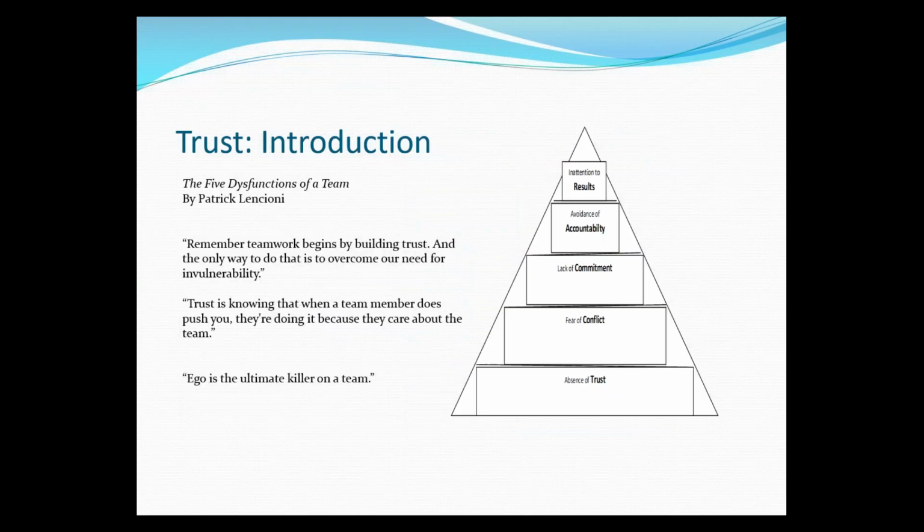So let's just say a little bit about what Lencioni suggests, why it's important. He says, remember, teamwork begins by building trust. It's the first thing you have to do. It's elemental, and that is an ongoing thing. It has to happen at every team meeting, that you're creating an environment among the team that people feel safe. They feel like they can be vulnerable.